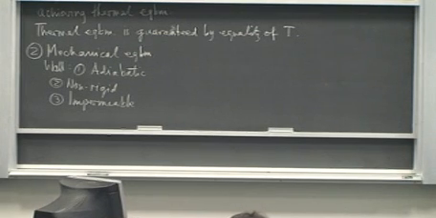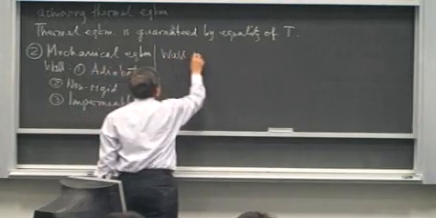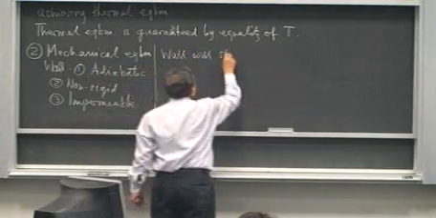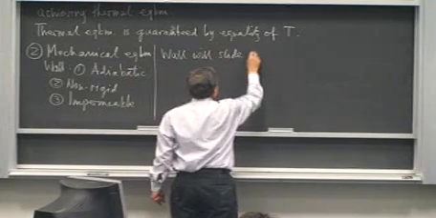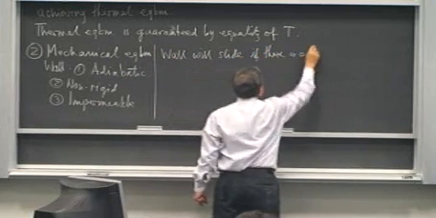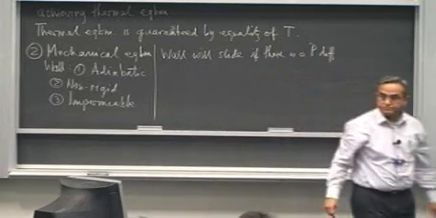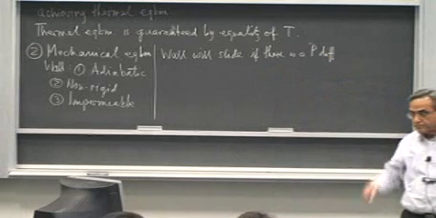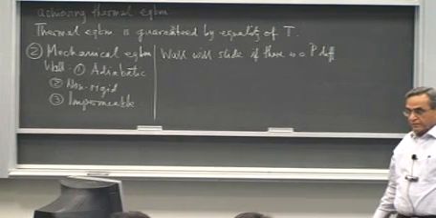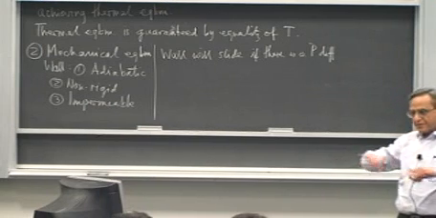The wall will slide if there is a pressure difference across the wall. So can we achieve one state of equilibrium due to another? Can we achieve temperature equilibrium due to mechanical equilibrium? No, initially we separate them out.